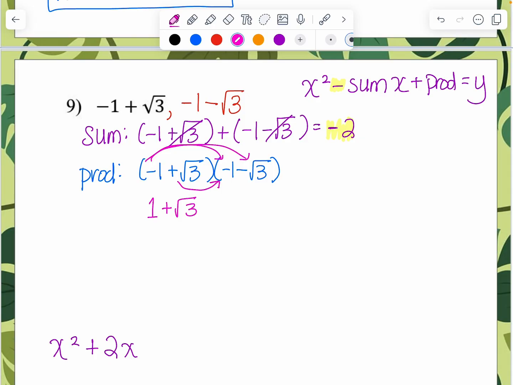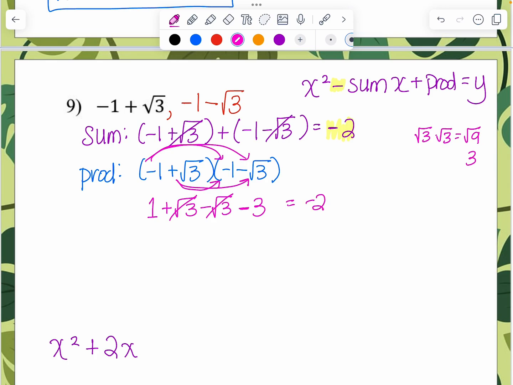Square root of 3 times -1 is going to give me negative square root of 3. Those middle terms are going to cancel. And then the square root of 3 times negative square root of 3 is going to give me negative square root of 9, which is equal to 3. So middle terms cancel, and I end up with 1 minus 3, which is -2.